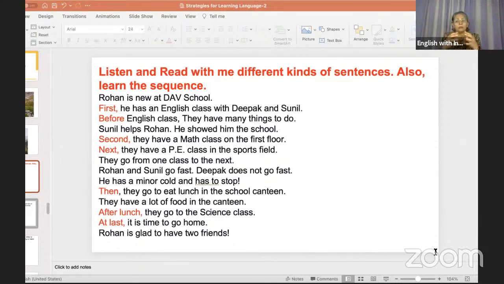For example, think about cooking, a recipe: you make something, so you do the things in sequential order. Yes, ma'am. Okay, so let's move on to the next one.